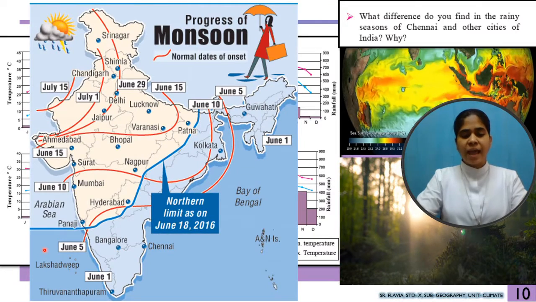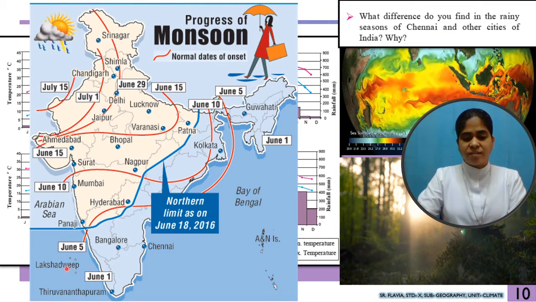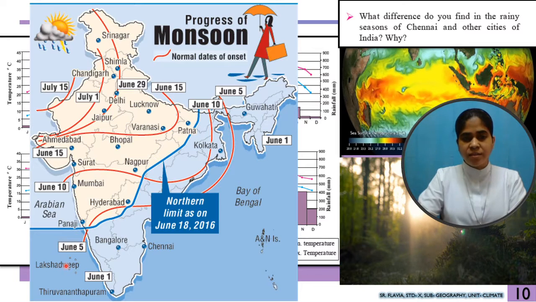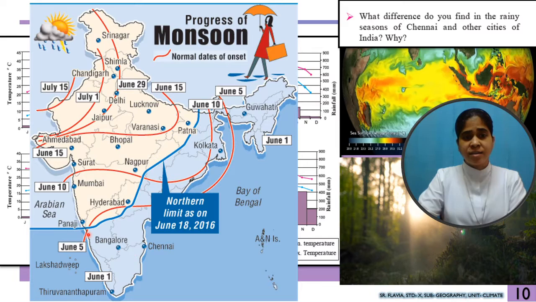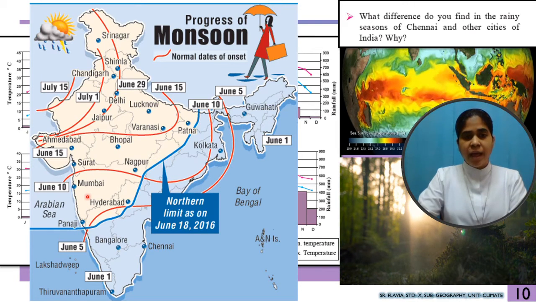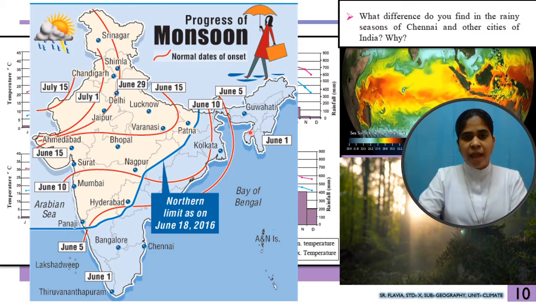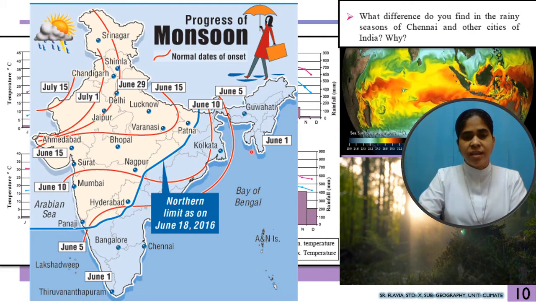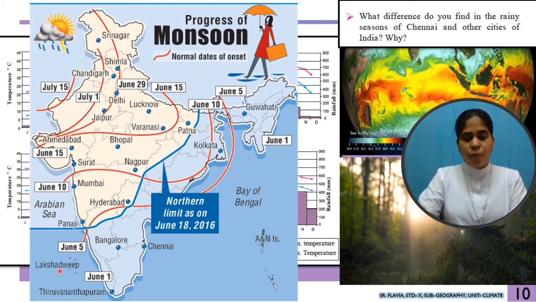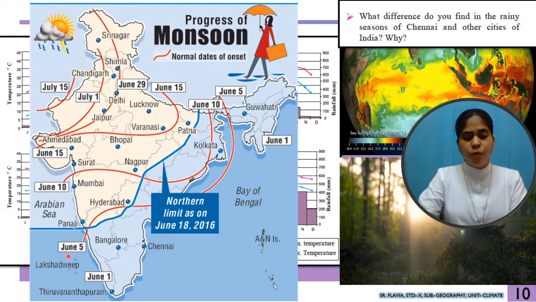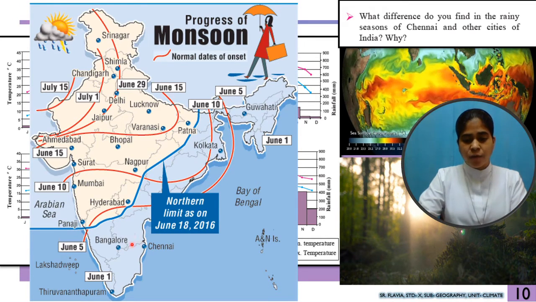Let us now look at this map. The southwest monsoon winds travel this side towards the coast of Kerala, Karnataka, Mumbai. And when they go upward, they take a U-turn and they become the northeast monsoon winds. When the southwest winds move towards this side, Chennai is getting the rainfall.